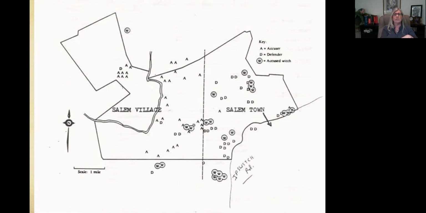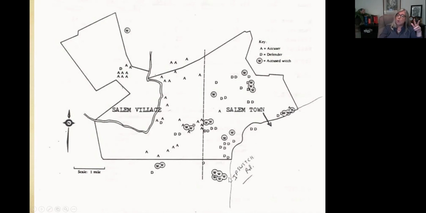So what these historians have done is they began to look at the people who were accusing others of being witches, those who were accused, or W with a circle around it, and then people who were standing up and defending those who were accused. And we began to see a very interesting geographic trend here. So all of these clusters of people who are accused of being witches are fairly close to Salem town and the Ipswich Road.